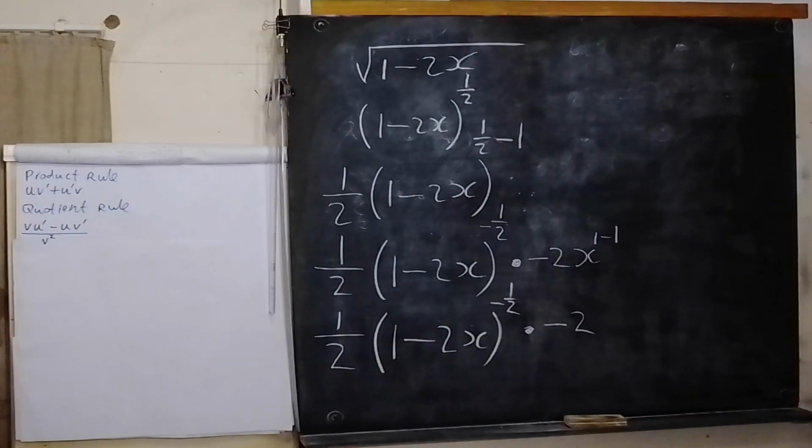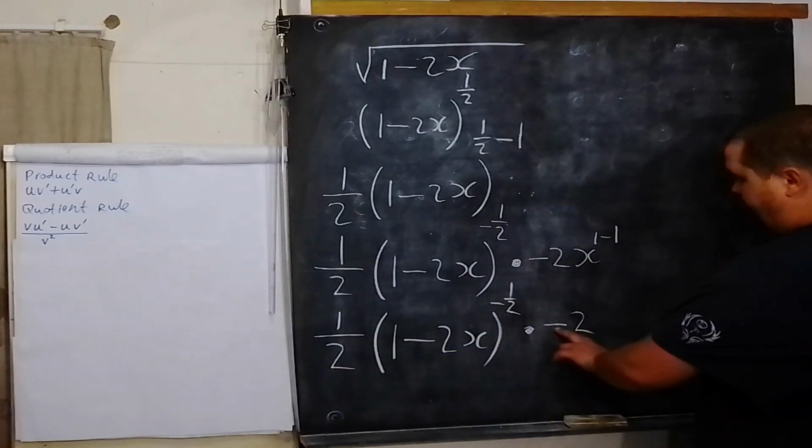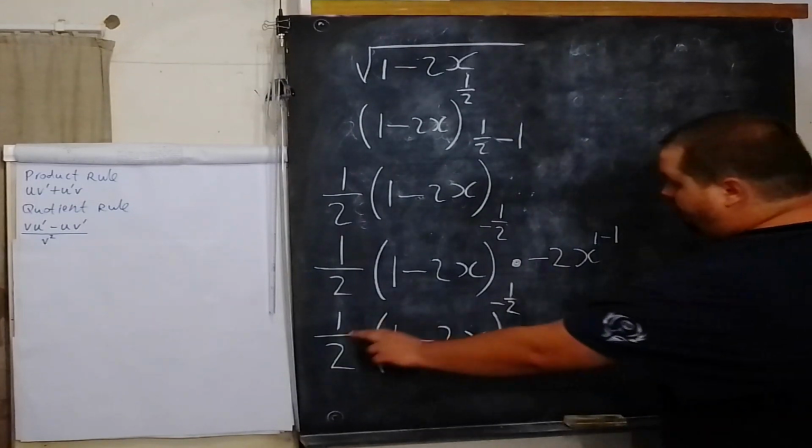Okay, now I seem to have run out of space, so I'm going to move to the side of the board. So what I have left: let's multiply negative 2 with a half.